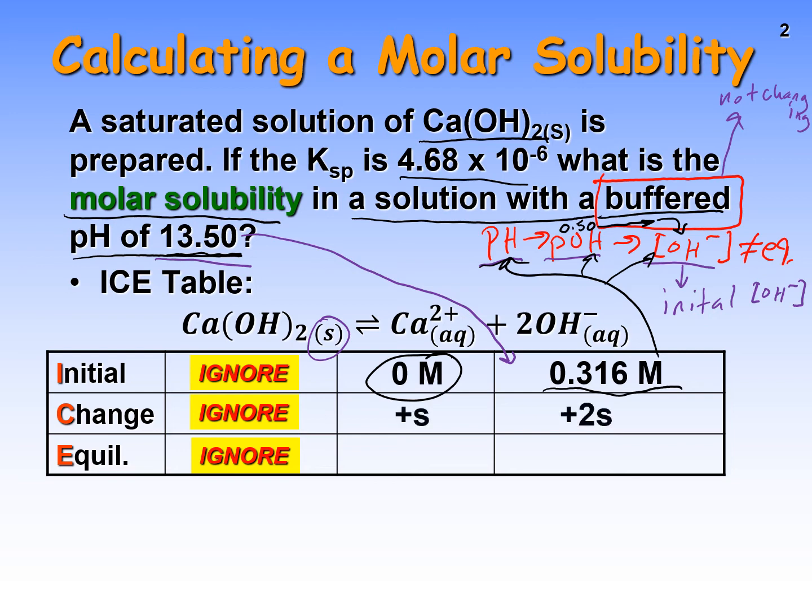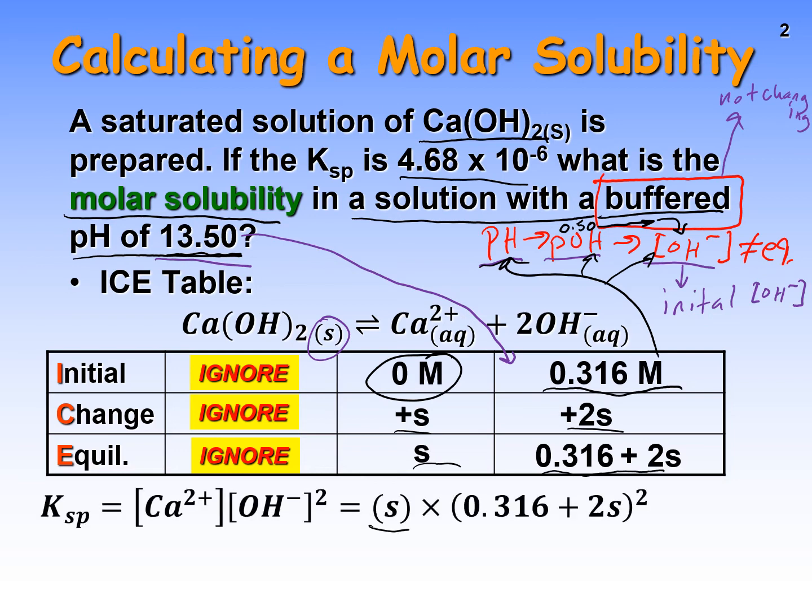Now we fill in the rest of the way as usual, plus S, plus 2S, S, 0.316 plus 2S. We can set that into our equilibrium expression. Again, our KSP is super tiny, 10 to the negative 6. We can definitely use the 5% rule here, so we're just going to get rid of the plus 2S here.